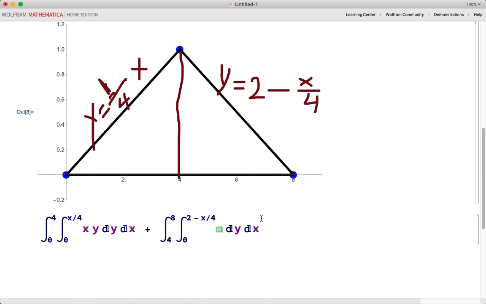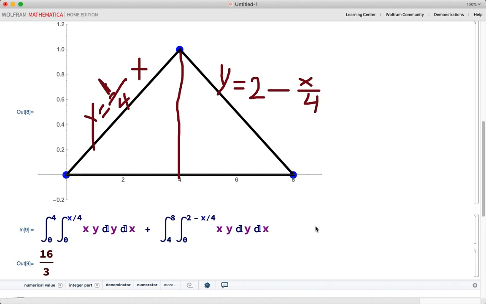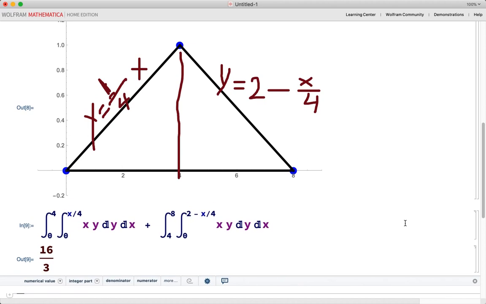And again, we're integrating the function x times y. This is just an example. What does this actually evaluate to? 16 over 3.